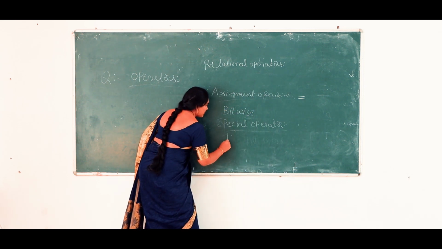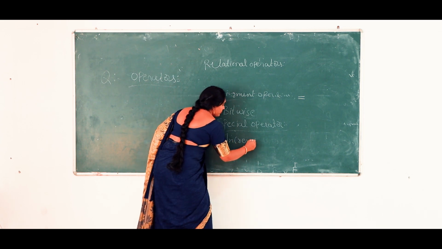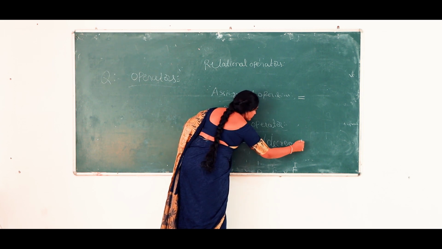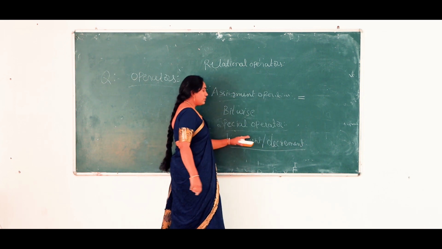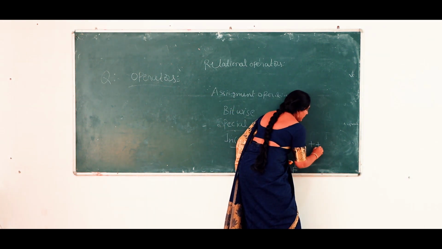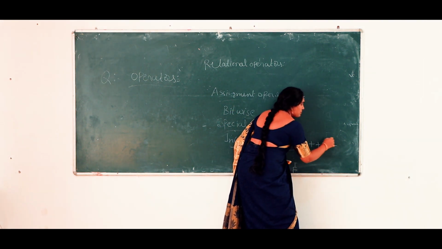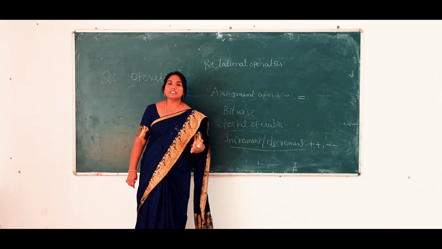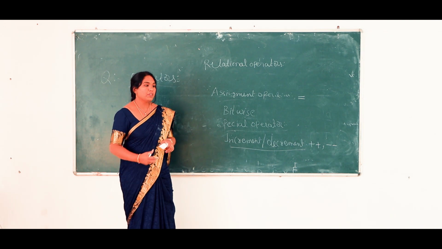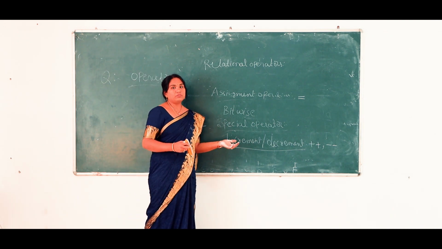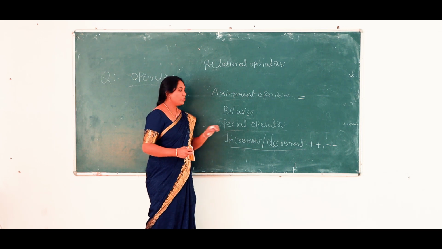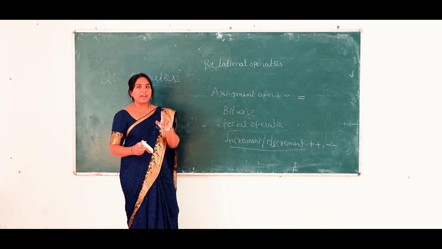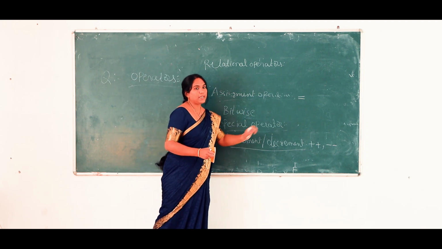The next one is the increment or decrement operator. The increment operator is plus plus and the decrement operator is minus minus. Why we are using this increment and decrement operator means to increase a value by 1 only using the plus operator, and to decrease only 1 value by using the minus.